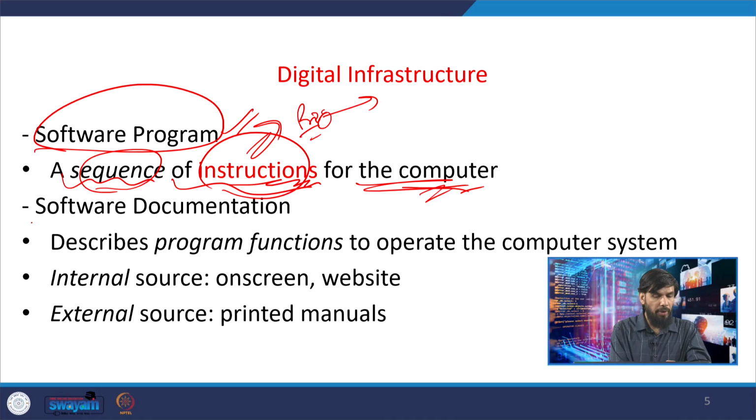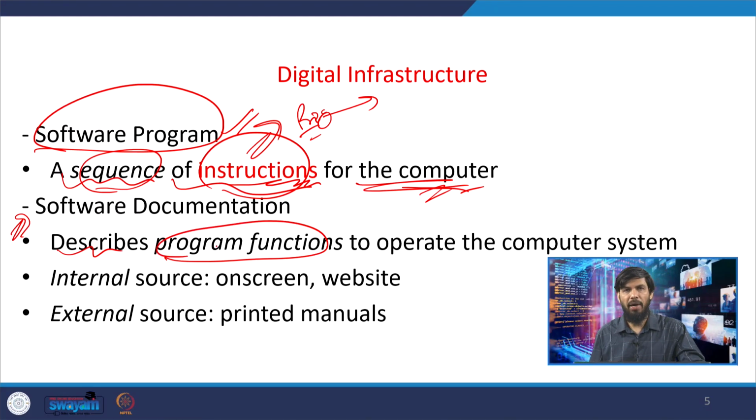Then, how do we understand what a particular software program is doing? We need to look at software documentation. Most software programs have associated software documentation. It describes program function, because when we buy software we might not be using the full functionality, just basic functionality quickly, because there is a learning curve that goes with any software.